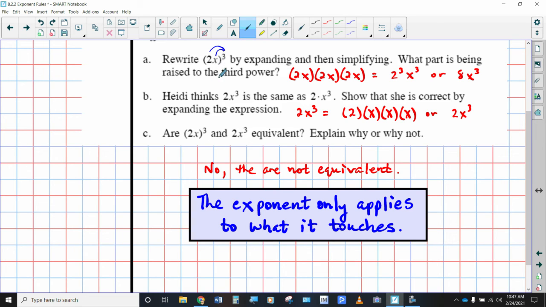But it isn't distributive property. I want to make that clear. I'm just saying it's like distributive property, where this exponent goes to every single factor that's inside the parentheses. So it applies to the 2 and it applies to the x. And since 2 to the third is a relatively easy number that we can evaluate, I chose to write it as 8. But since we don't know what x is, we'll just leave that as x to the third power.